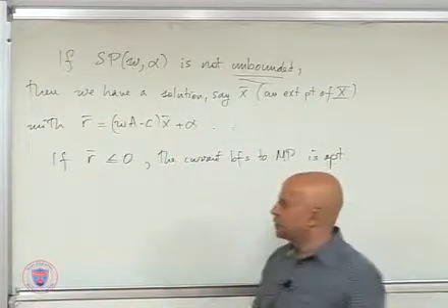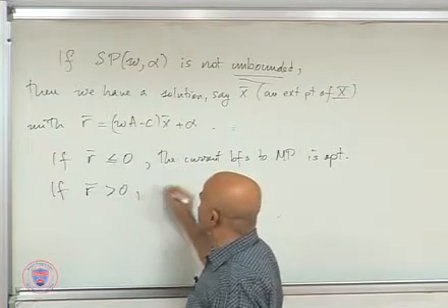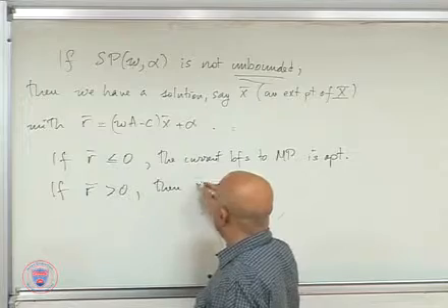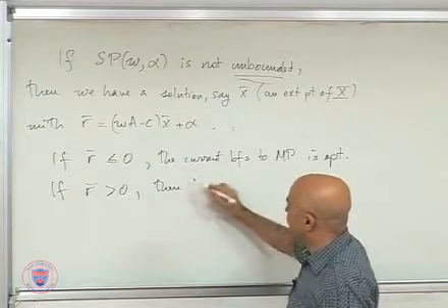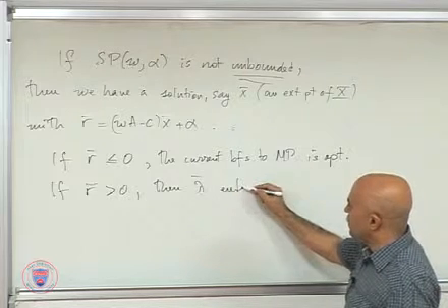There's nothing to enter. If, on the other hand, r bar is positive, then x bar, or lambda bar associated with x bar, enters.